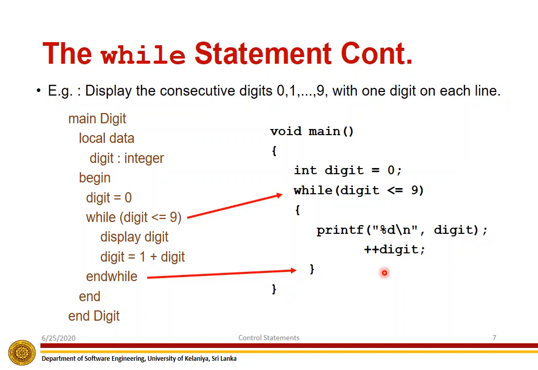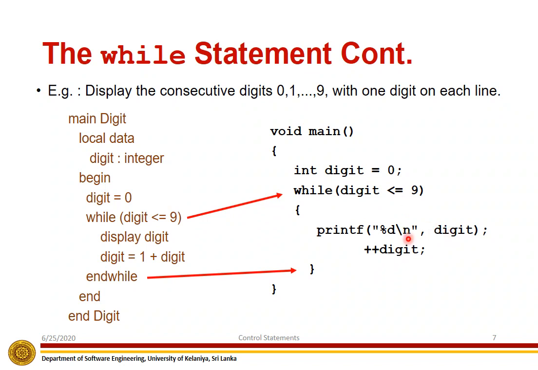In here you can see, first we will trace the code. int digit equals 0. So the while statement checks the condition, 0 is less than 9, so it can execute. So 0 is printed, then plus plus digit, so 1 plus 0 is 1. Then again check the condition, 1 is less than 9, so it can execute.